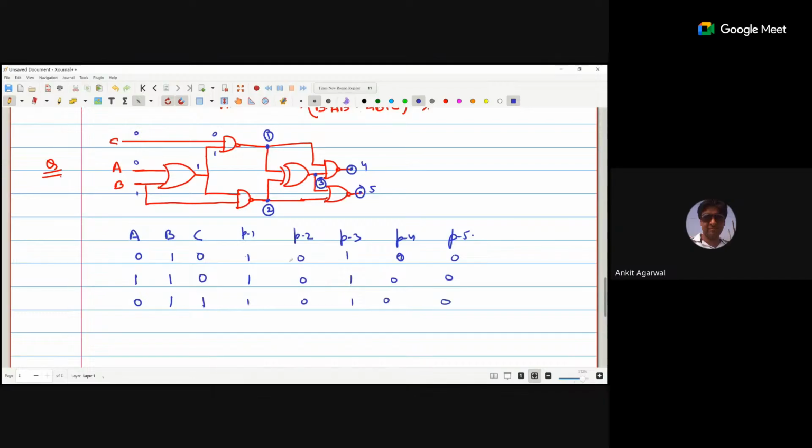And for the second, A and B is 1, so we are getting 1 here, 0 here, so we are getting 1. A and B both are 1, and C is also 1. The P1 should be 110. So it becomes, I think, 0.